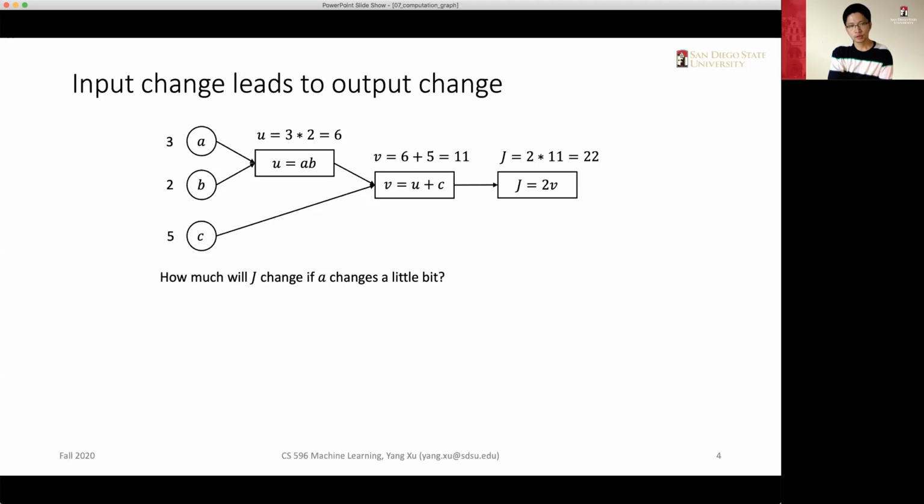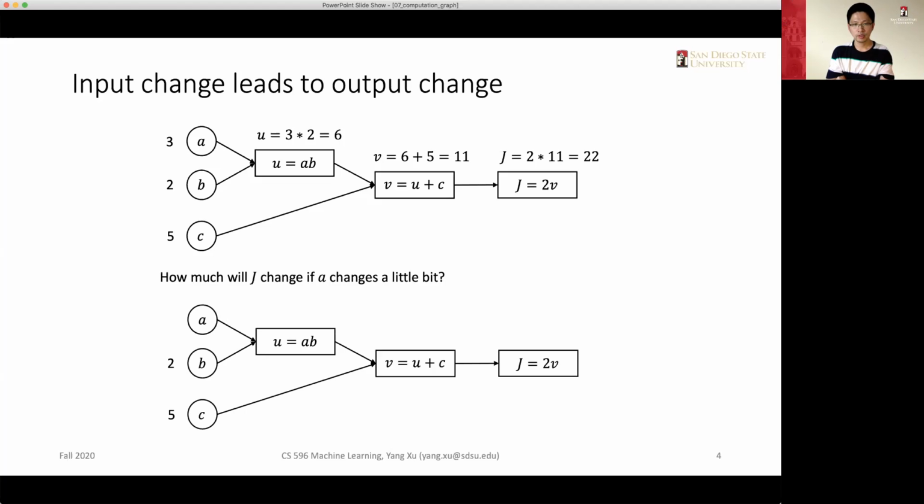Okay, so in answering this question, say we want to know how much j will change if the input a changes a little bit. What we can do is, in this example, change the value of a by a very small amount. We make a to be 3.1, increased by 0.1.